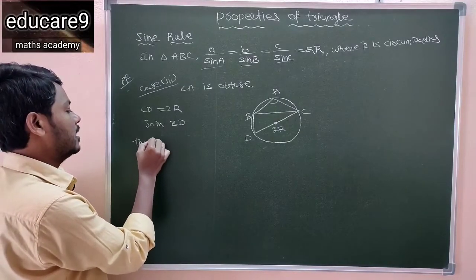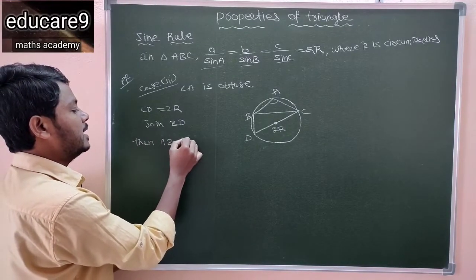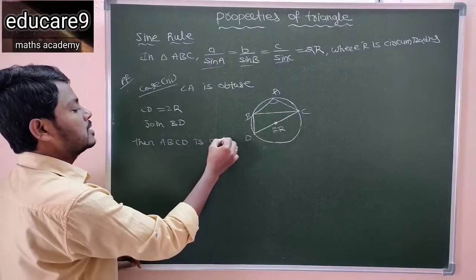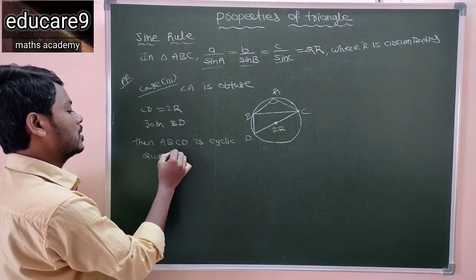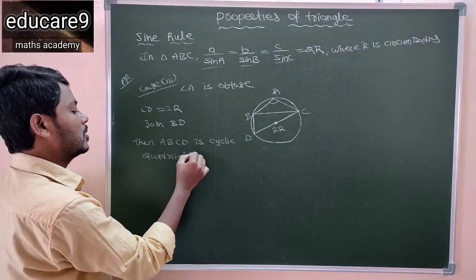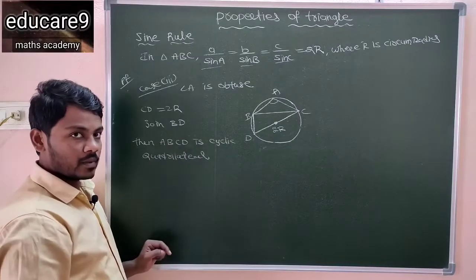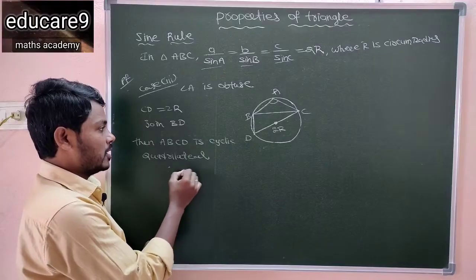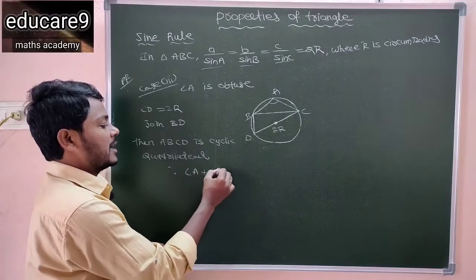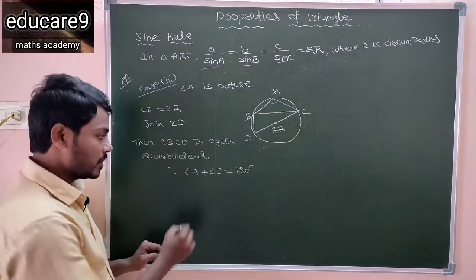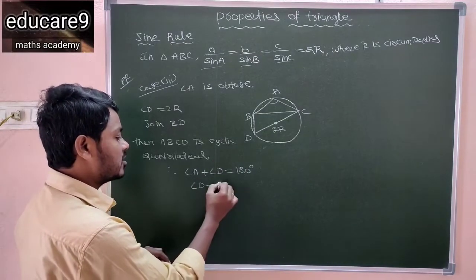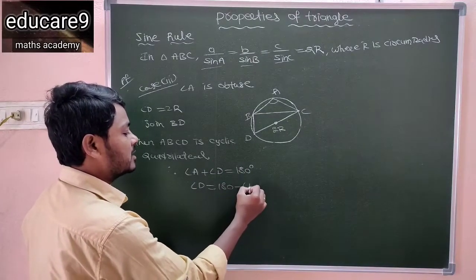So angle A plus angle D is equal to 180 degrees. From this, angle D is equal to 180 minus A.